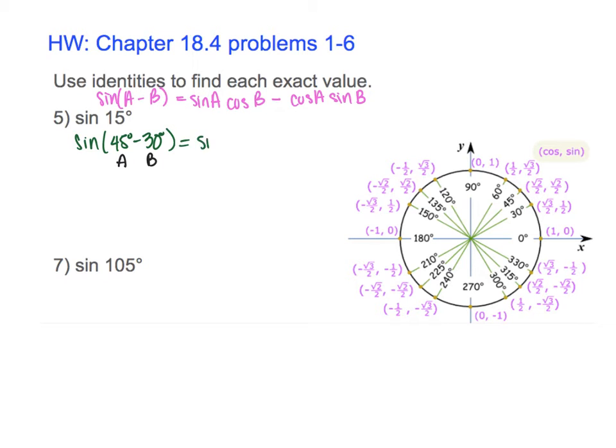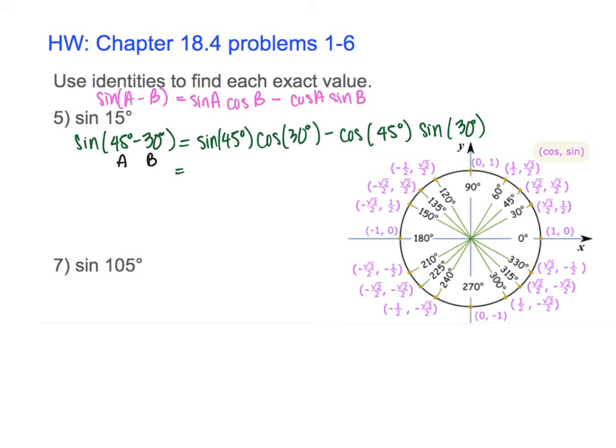And so I would have sine of 45 degrees, cosine of 30 degrees, minus cosine of 45 degrees, and sine of 30 degrees.